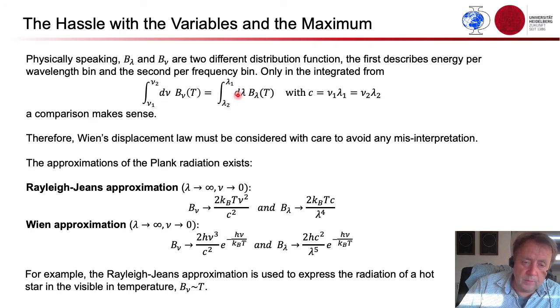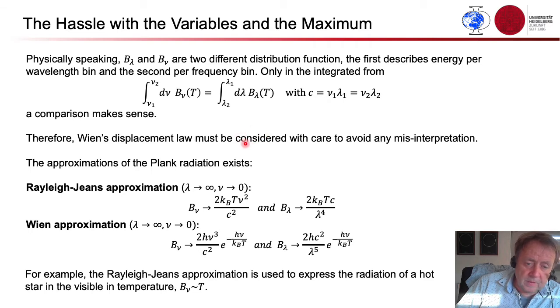And doing so, we really compare the same things. So that is the way how we can deal with these two different representations, but not looking at individual values. And that makes the displacement law of Wien a bit difficult to use, particularly if we want to give the maximum a certain interpretation.